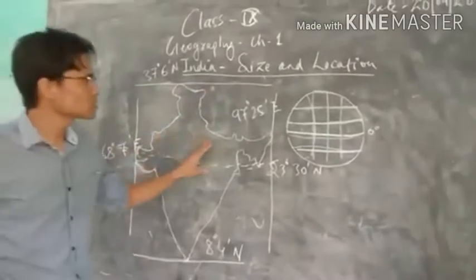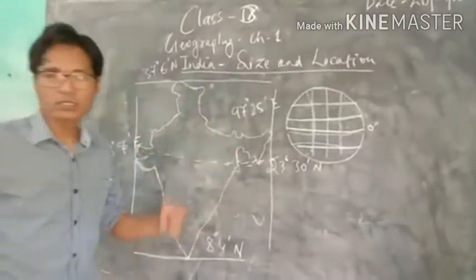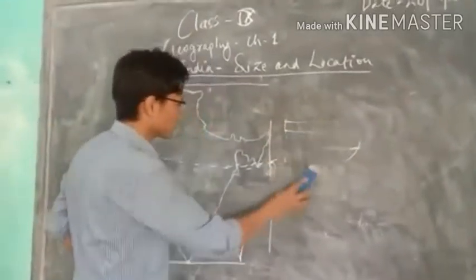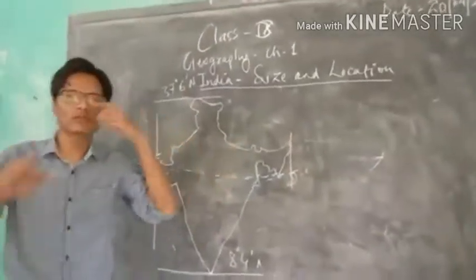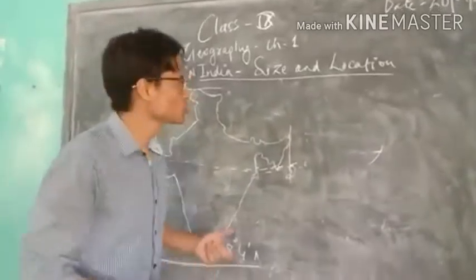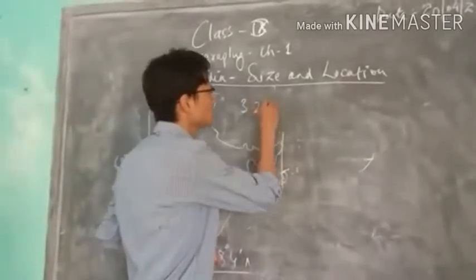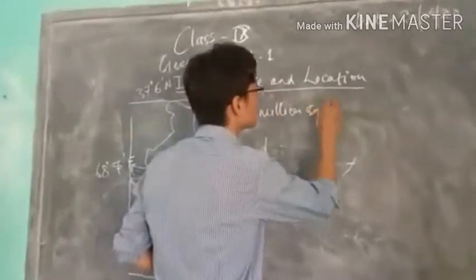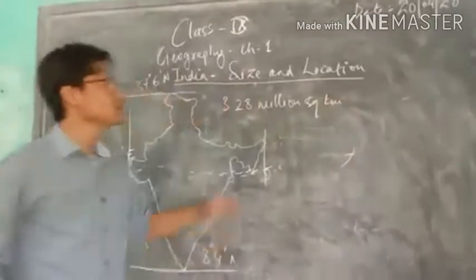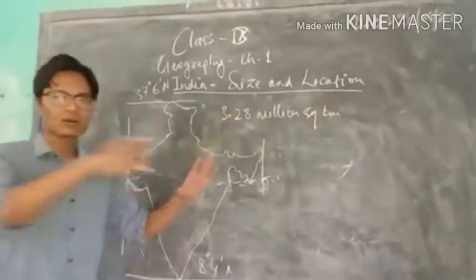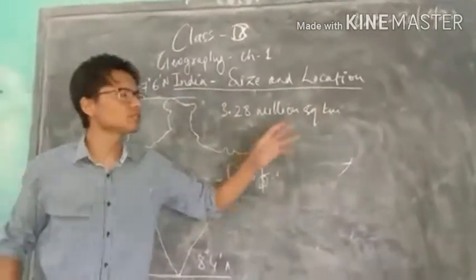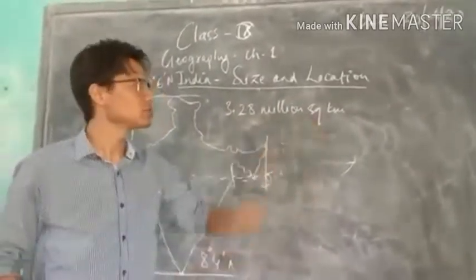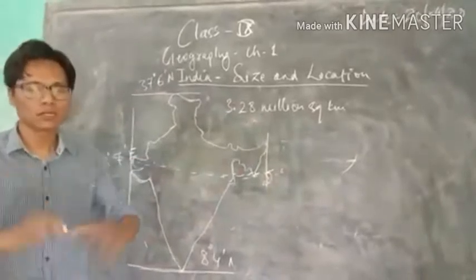After location, the second part is the size of India, in terms of square kilometers. India covers 3.28 million square kilometers of area.